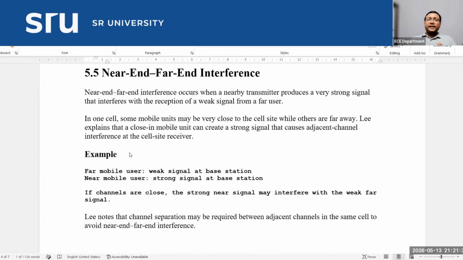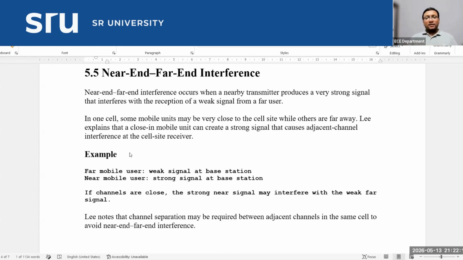Now, near end and far end interference. So what is near end and far end interference? Two types of users can be imagined. Suppose a user is standing at its own base station, but the signal that it is receiving from its own base station is very weak.